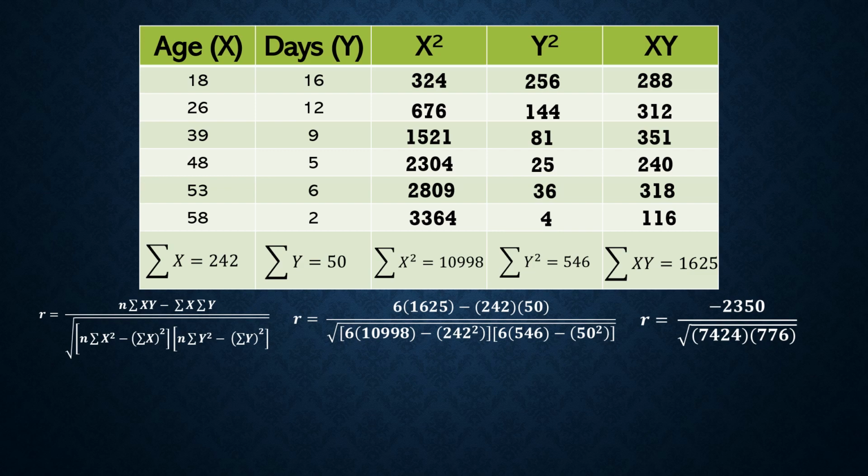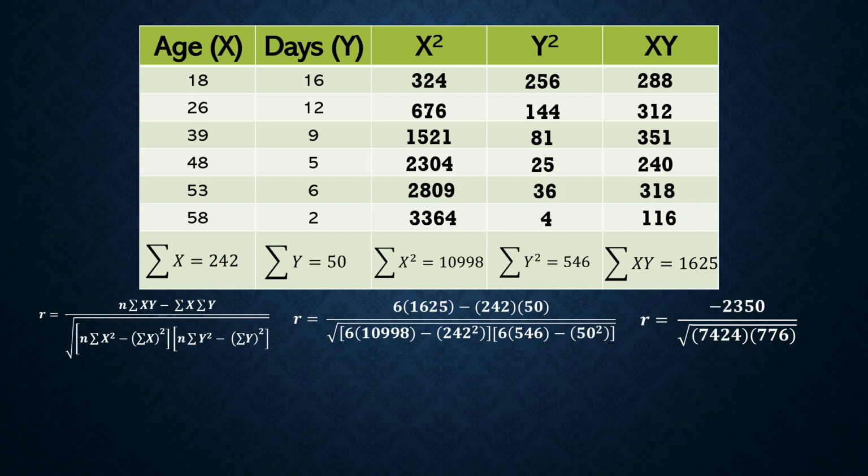Next, we're going to solve the next part. 6, parenthesis, 546 minus, parenthesis, 50 times 50, close parenthesis, equals 776. Now, the next is you're going to have this one. But before dividing negative 2,350 by the denominator, you need to simplify the denominator first.